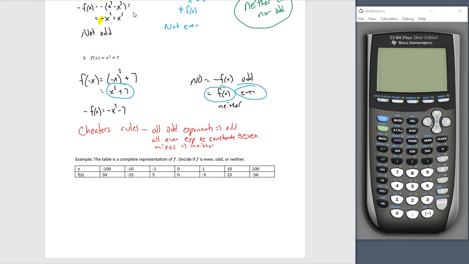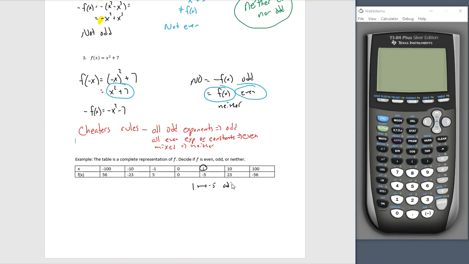Or last example, and we'll wind up this extremely long video. This table is a complete representation of f. Decide if f is even, odd, or neither. Okay, so if I input 1, I output negative 5. So an x value of 1 goes to a y value of negative 5.